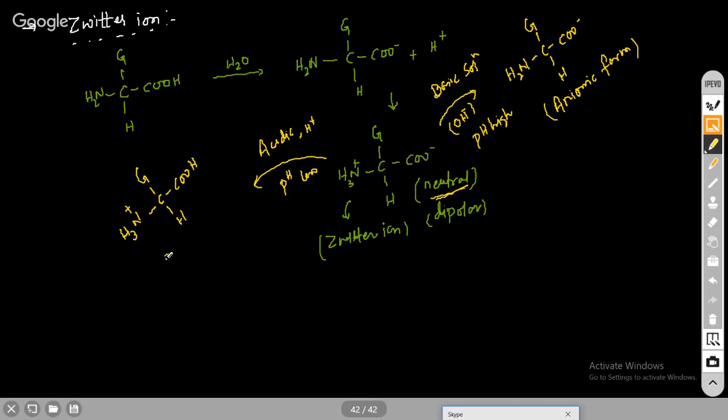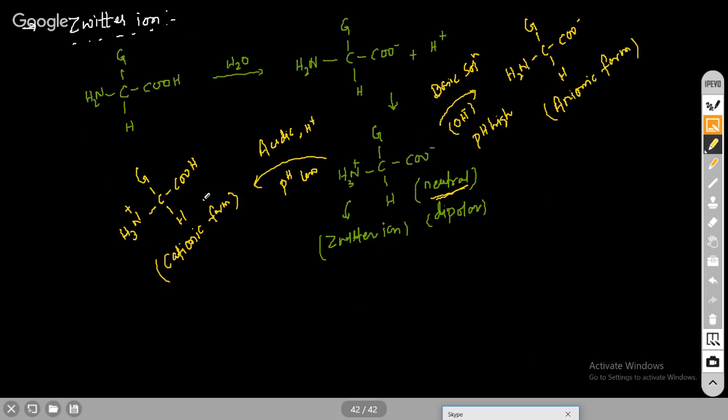This we call the cationic form. So depending on the nature of the solution in which the deuterion is kept, it may exist in its cationic form or anionic form. Clear?